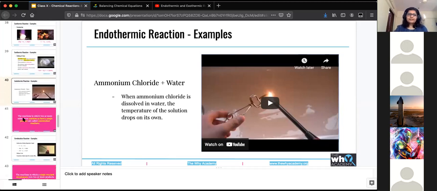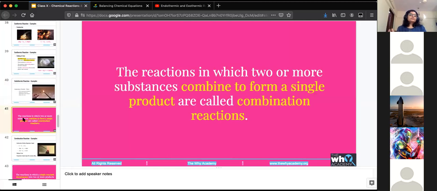Okay. All right. Next comes, so based on energy, you had exothermic, endothermic. Now, based on the pattern of reactants and products, you have 4 sets of reactions. The first one is combination reactions. So write down the definition.